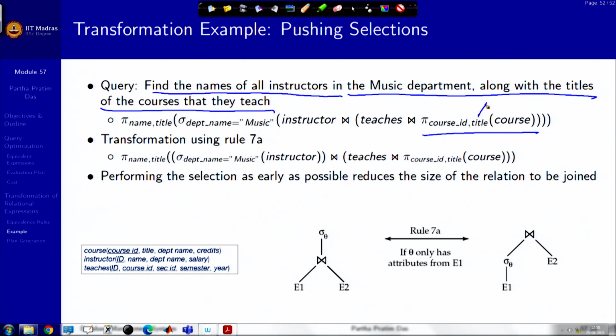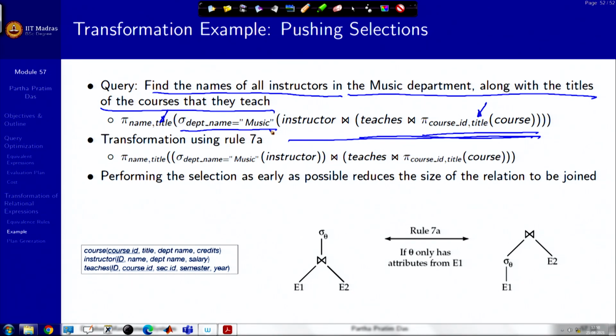We need the title at the end in the output. So, the rest of the course details can be dropped. Then you join with teachers, join with instructor, select based on department name music, and finally do the projection.